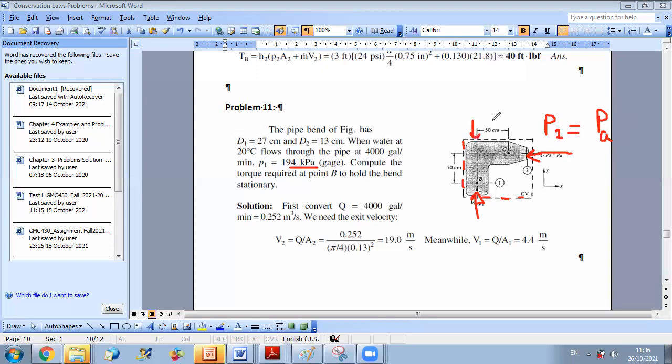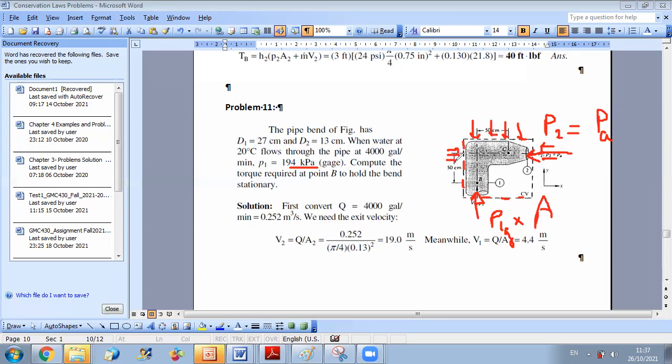Because PA is acting everywhere on your control volume. So when you perform the resultant of forces, you will just get the force due to the gauge pressure. So here at section 1, you have P1 gauge times the area. And here you can consider that since P is equal to P atmospheric, these pressure forces will be opposed from the other side, so they will cancel out.